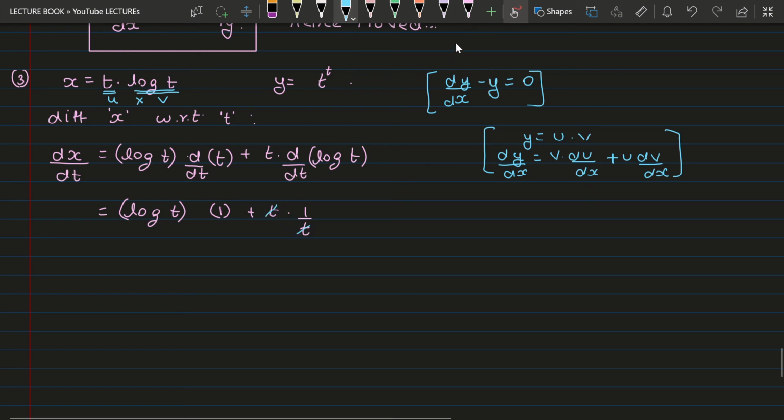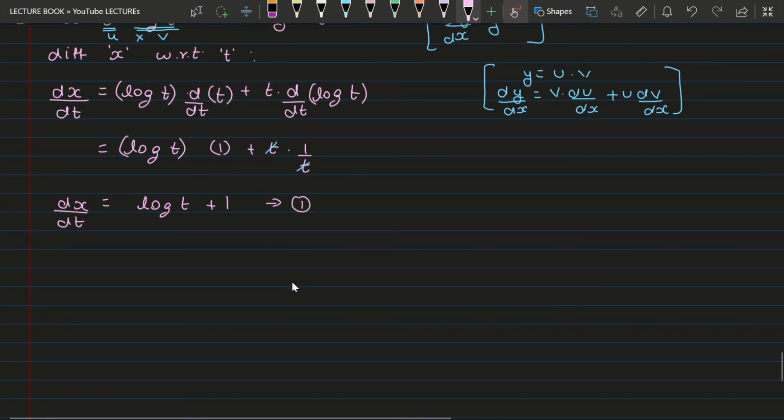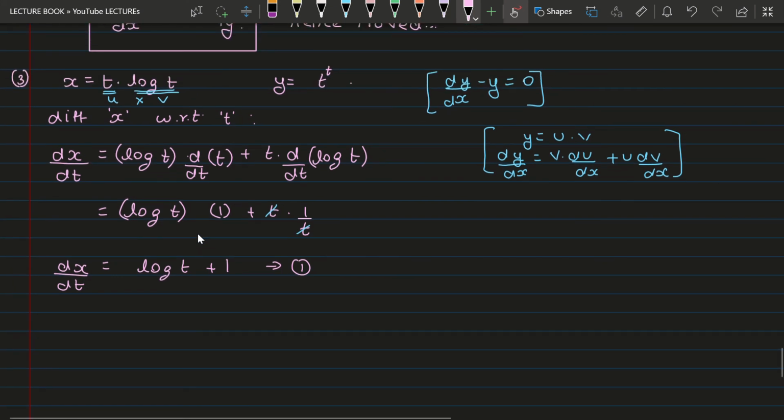Cancel off the t and t values and you get the answer as log t plus 1. This is the value of dx upon dt. Let us give it as equation 1. We will see what further simplification needs to be done at the end when we want to prove the answer. So for now, I will write it over here as log t plus 1.